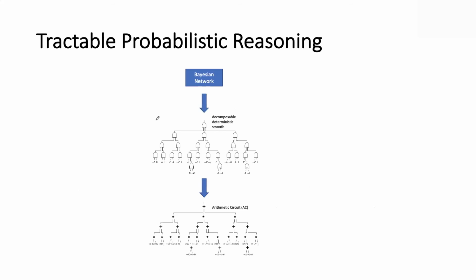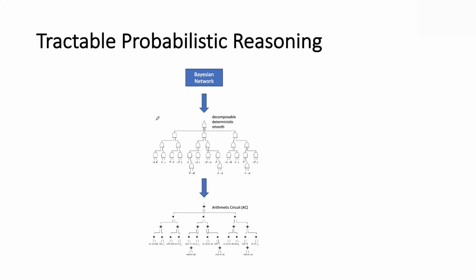And let me just end with this picture so that you can visualize everything. One of the outcomes of what you learned about these circuits is that if you have a box that can take a Boolean formula and compile it into a circuit that is decomposable, deterministic, and smooth, then you can do the following.